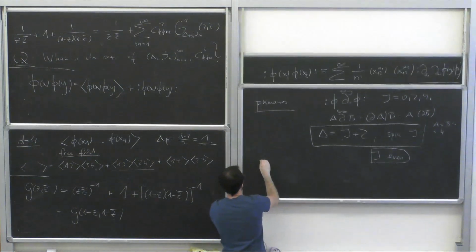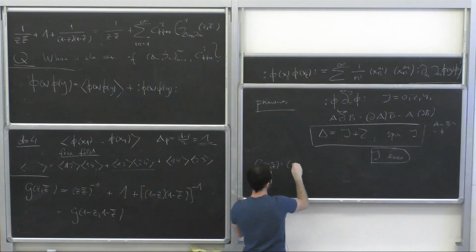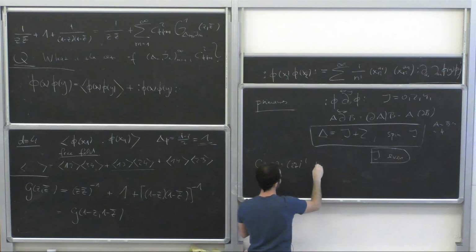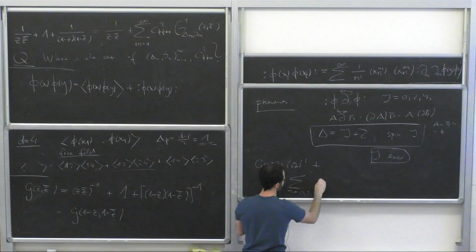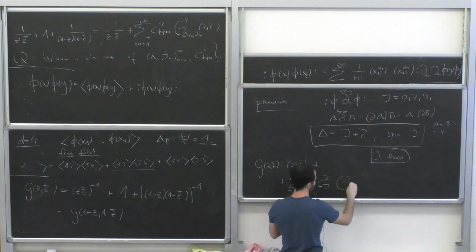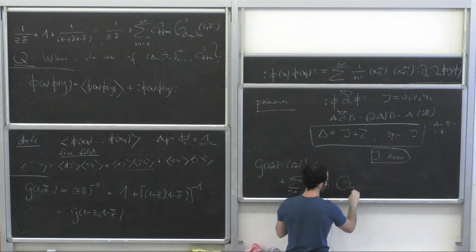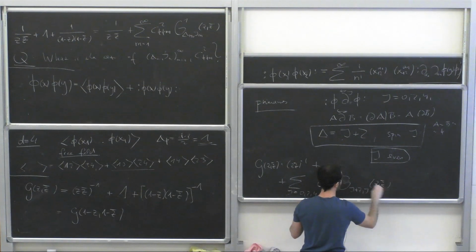So this 4-point function, what we expect is this z bar to the minus 1 plus sum over even spins, so 0, 2, 4, and so on, of c, now it's some c_j squared, times the conformal block of dimension j plus 2, j, z bar, 1.